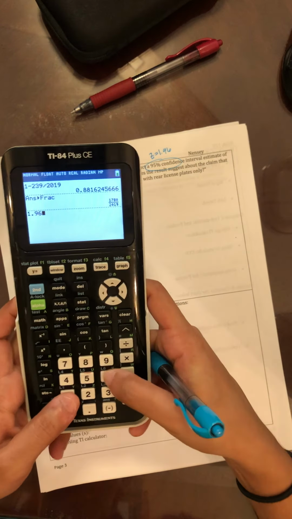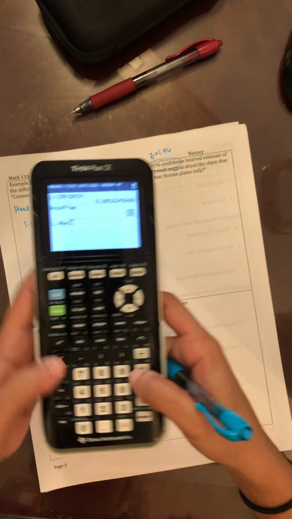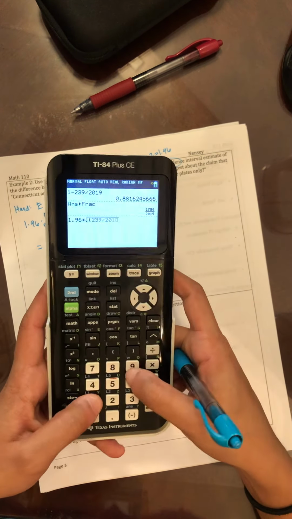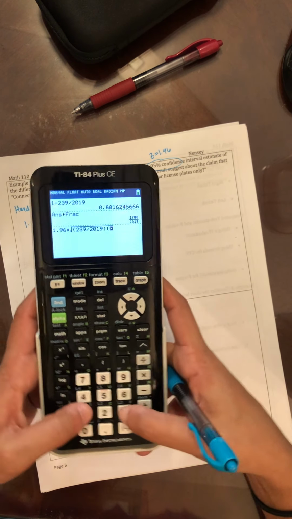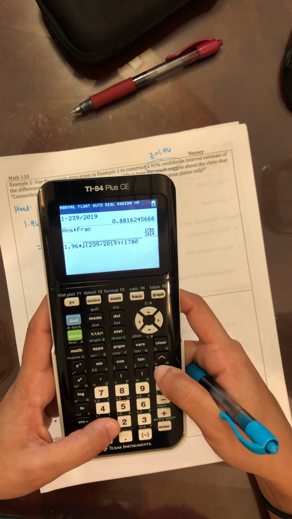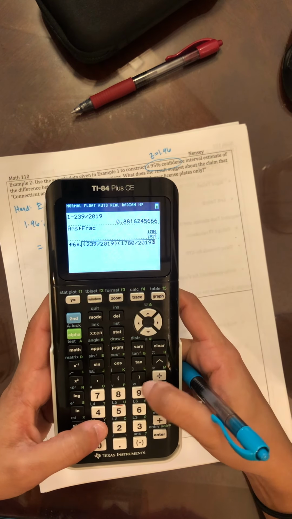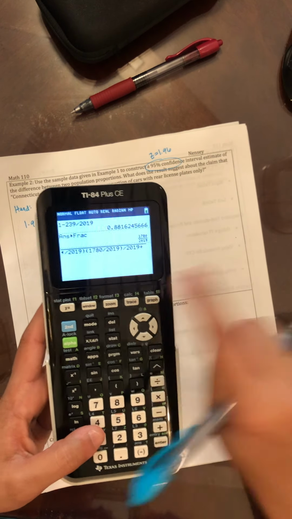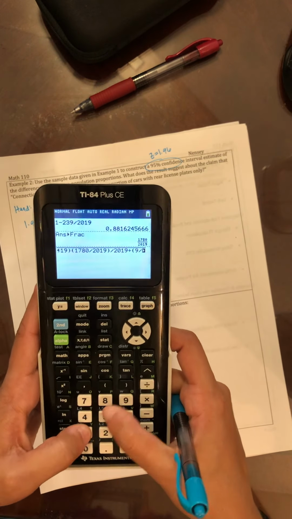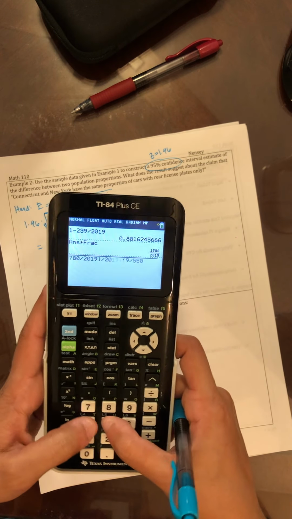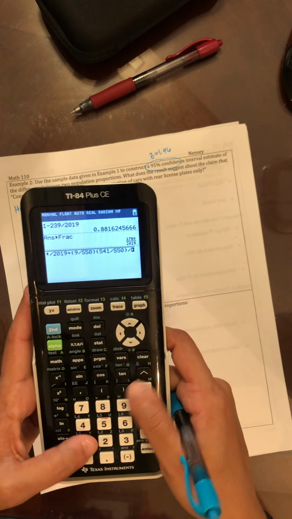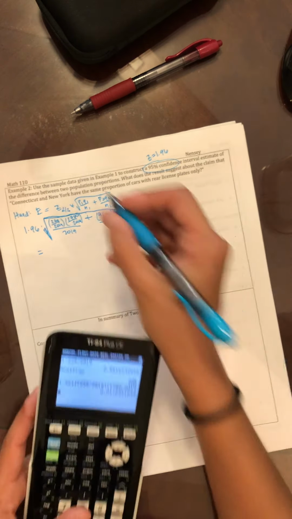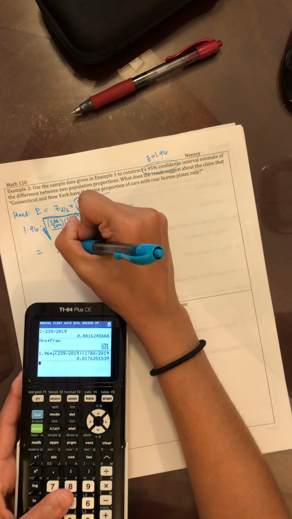So I'm going to do 1.96 times the square root of 239 over 2019 times 1780 divided by 2019, all divided by 2019, plus, and notice it's all still in a big square root, parentheses 9 divided by 550 times 541 divided by 550, all over 550. Cool. And I got 0.018.